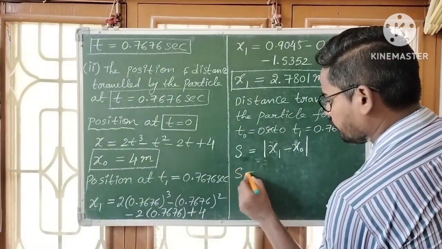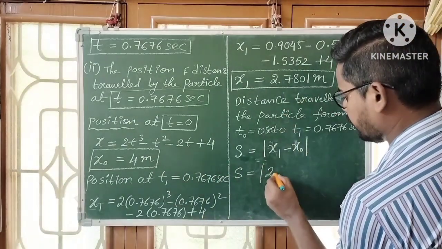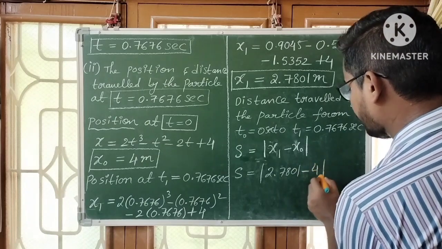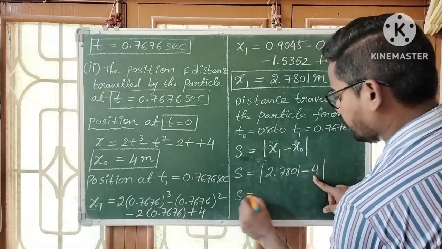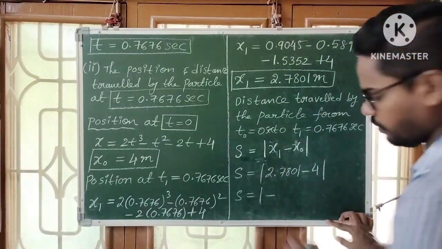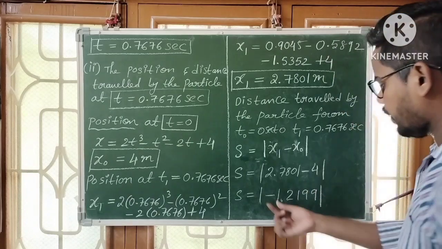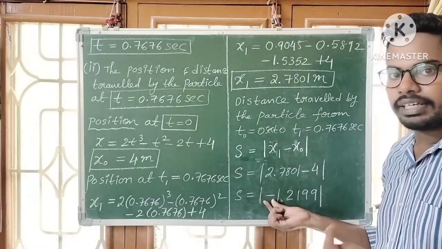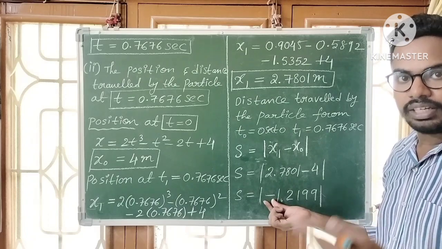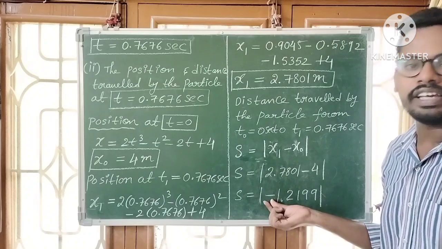Now substitute the values. s is equal to x1, which we got as 2.7801, minus x0, the initial position, 4 meters. You will get around minus 1.2199. Here the negative sign tells us the particle is moving in the direction of the negative x-axis.